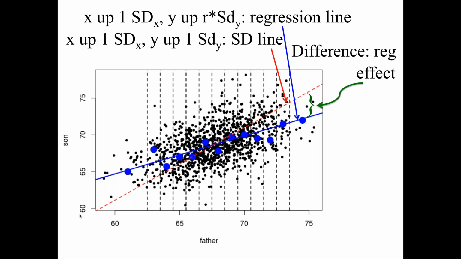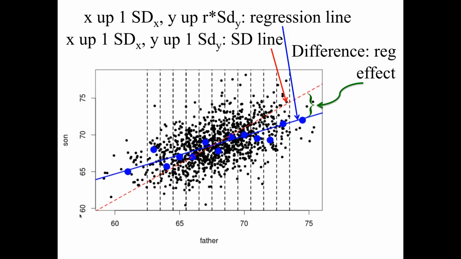So the SD line is the naive line. If I didn't understand what regression was, I would think if dad is really tall, then junior should also be really tall by the same amount. In fact, if dad is really tall, his son tends to be taller than average, but not by as much as his father. The drop-off is the regression effect.